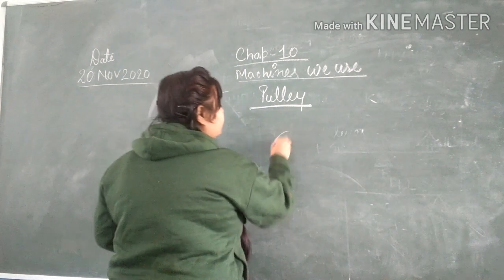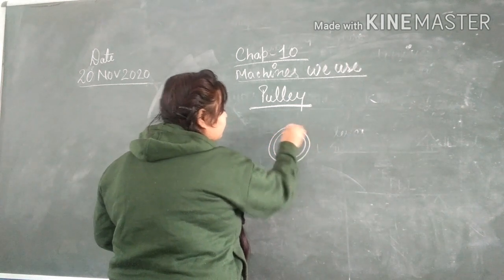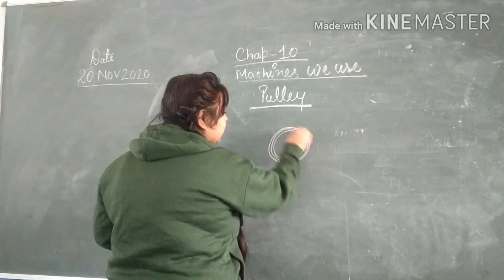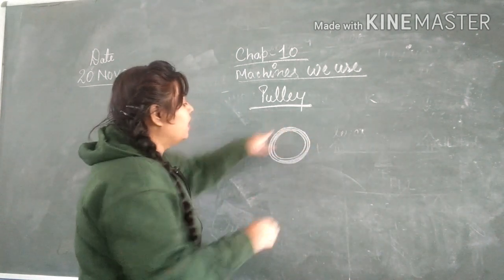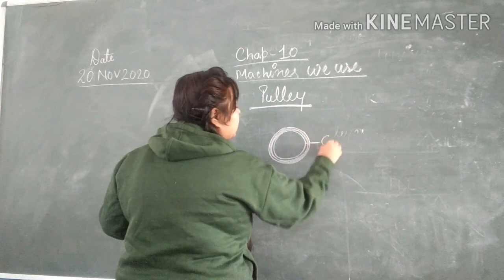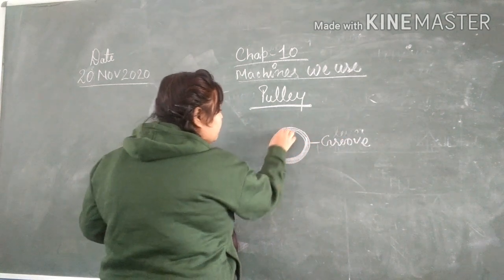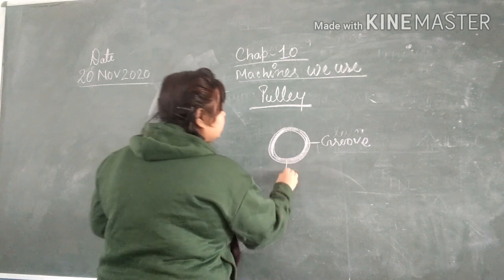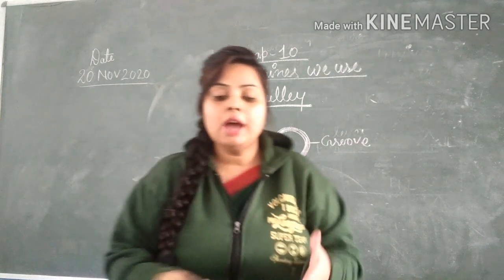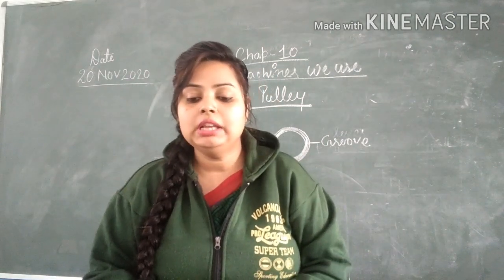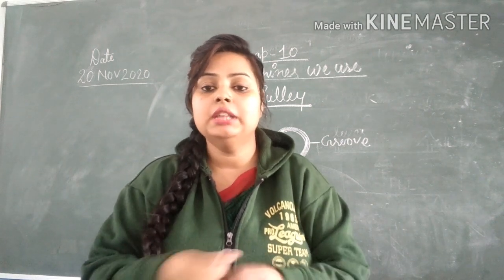Grooved means the wheel has a groove in it, and the rope or chain goes inside. This is known as the pulley and this part is known as the groove. This is a wheel. So, a pulley is a grooved wheel around which a rope, chain or belt is coiled.